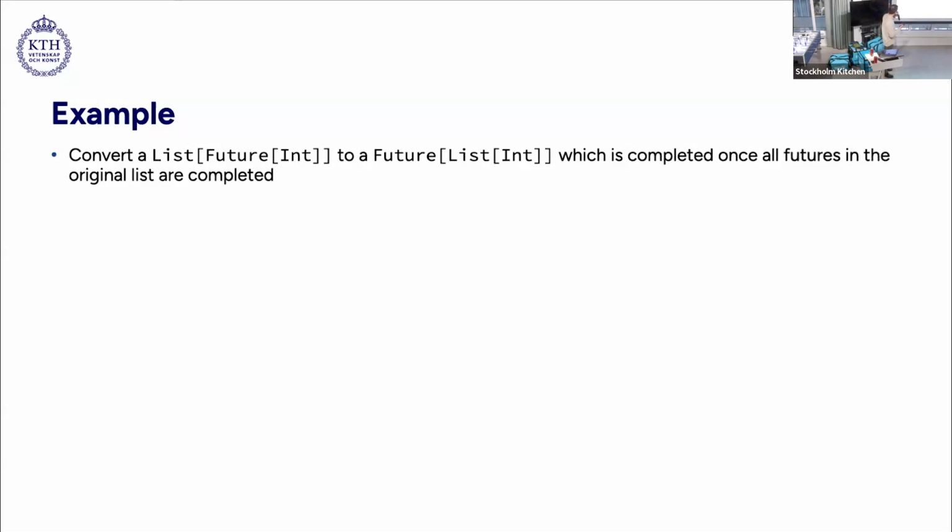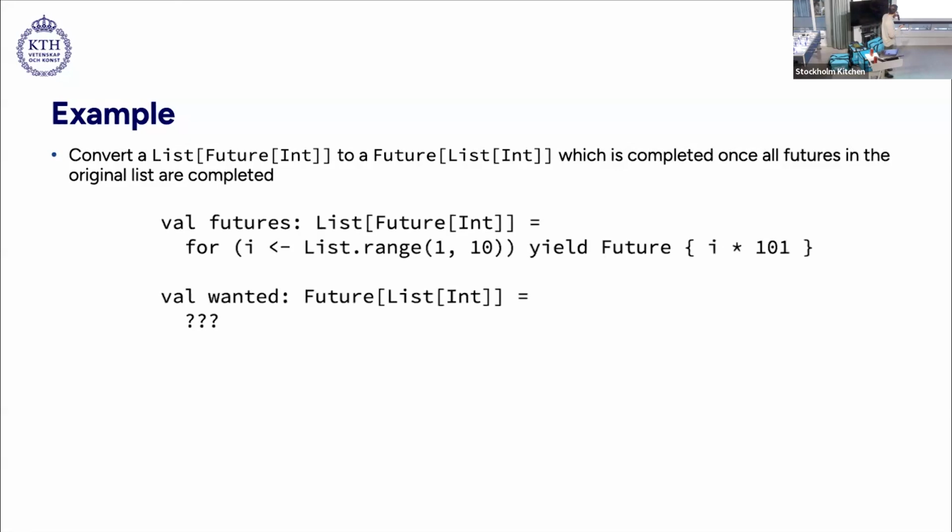And how could we try to solve this? Well, okay, so let's start with our list of futures, right? And I'm just going to populate this in some simple way. So that will give us a list of 10 futures, and they all compute an integer. Fine.